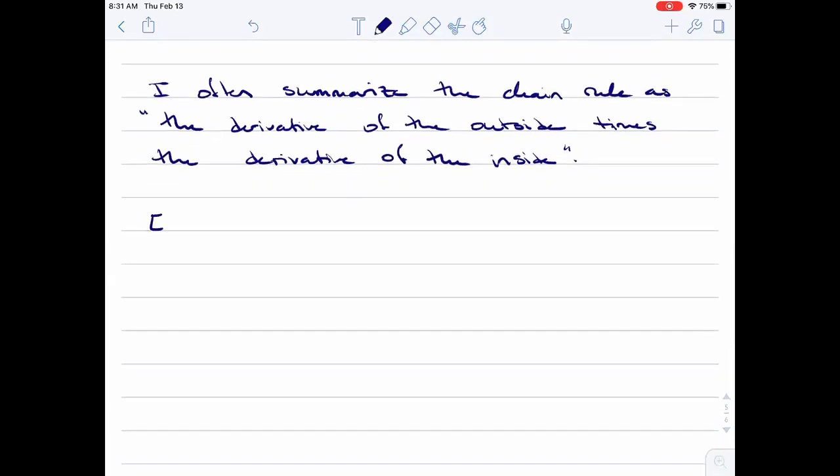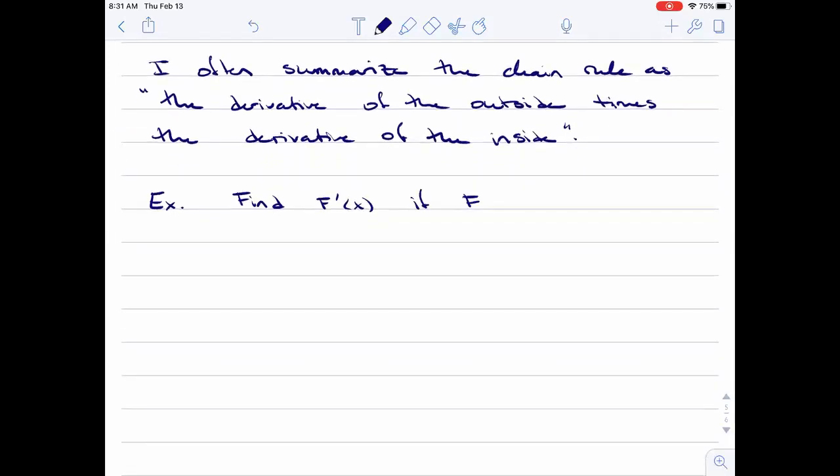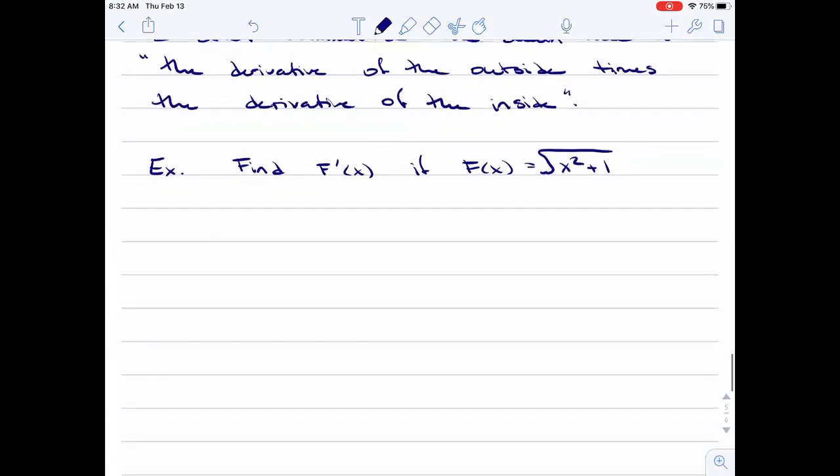So let's do that one that we started with. If we have to find f prime of x, if f of x is the root of x squared plus 1, it might be easier to say that I can rewrite f of x as x squared plus 1 to the 1/2.